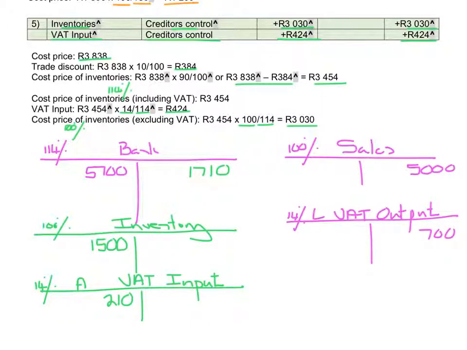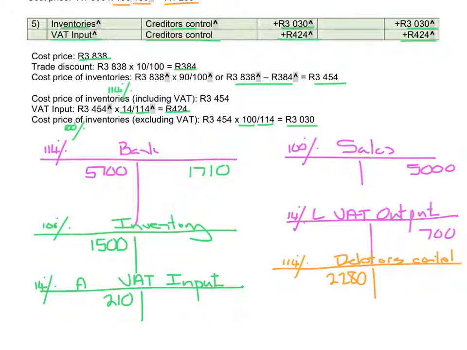The same will apply if we sell goods on credit. In the debtors control account, we will indicate that the debtors owe us the total amount. So I will show 2,280. That 2,280 includes the VAT. So the debtors control is a 114% account.